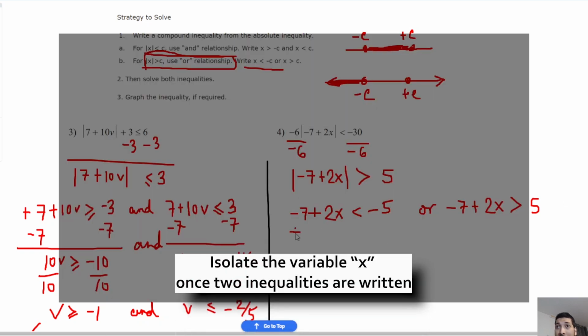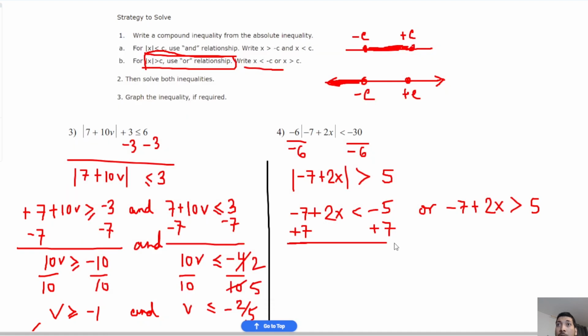First we add 7 on both sides, and we have 2x less than negative 5 plus 7, that is positive 2. We divide both by 2, we get x less than 1, or we add 7 on both sides.